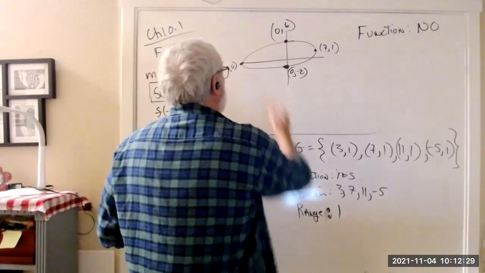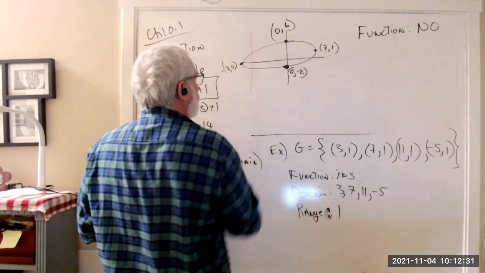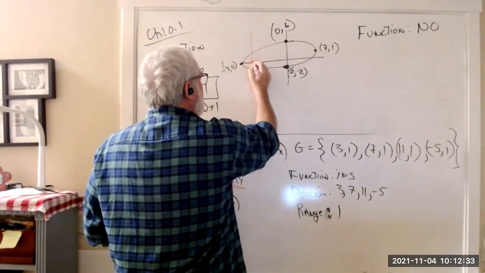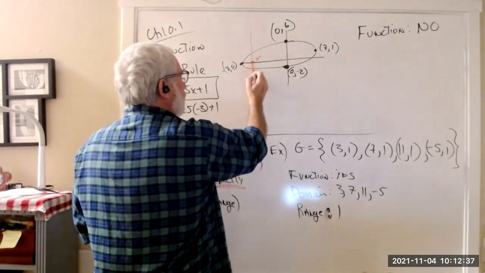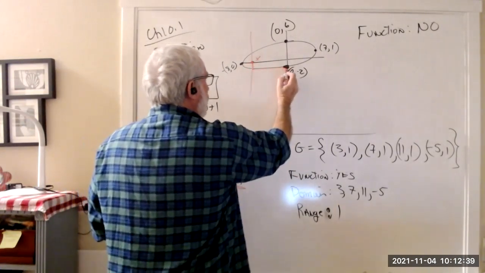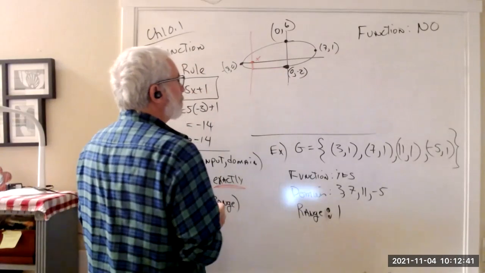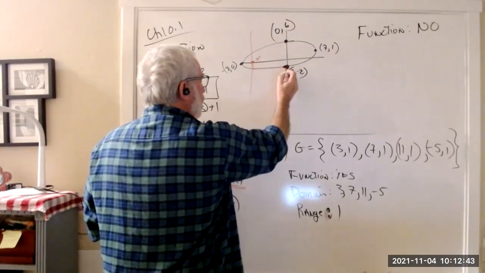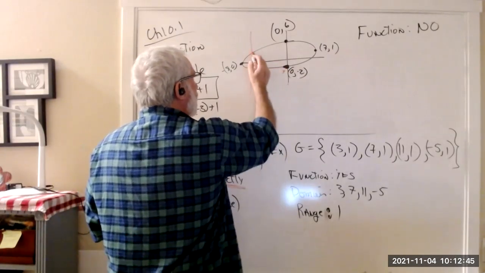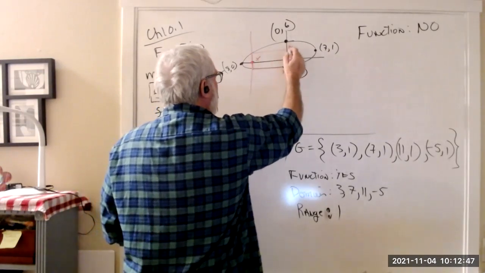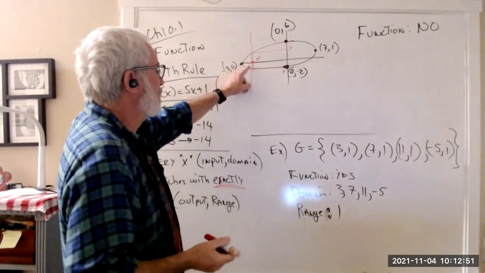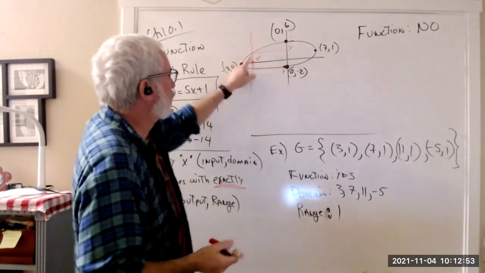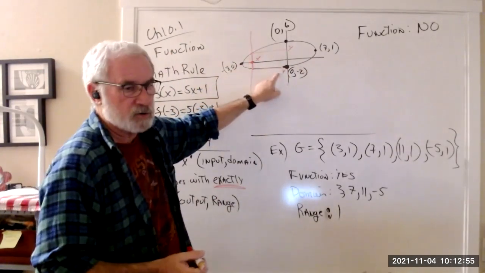Okay, because let's say you do a vertical line right there, then this becomes the X. If you read down to the graph over here, you have a Y value. Right here's a Y value. But if you read up to the graph and over here, you have another Y value. So this X matches with two different Y values.